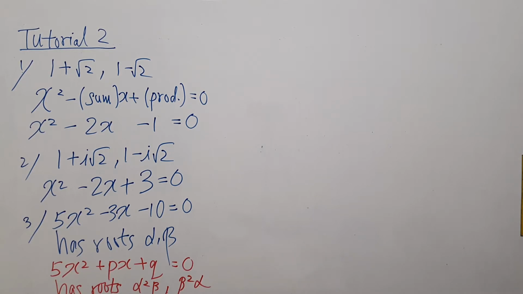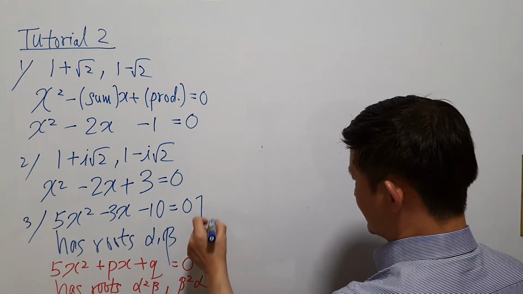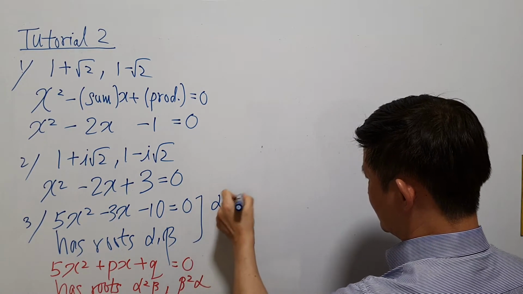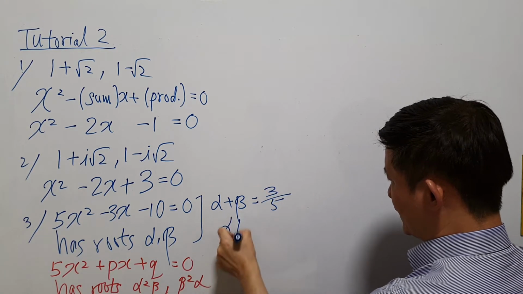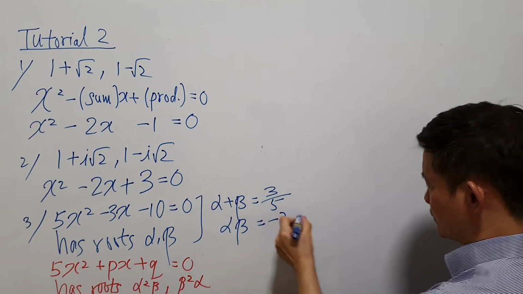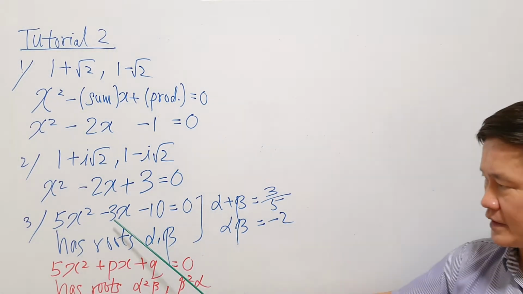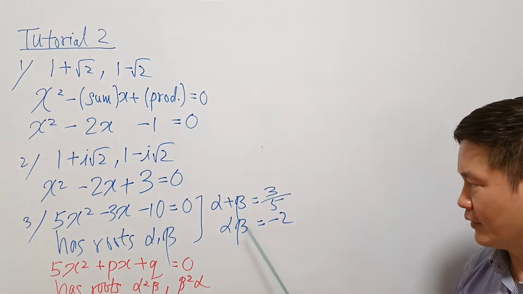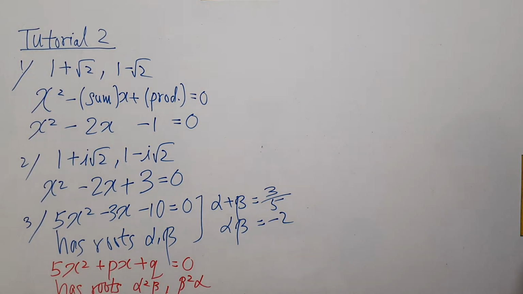So how do you do it? From the first equation, obviously alpha plus beta is equal to 3 over 5, and alpha beta is equal to minus 2. Let me tell you how I get this again. The sum of the roots is minus b over a. The product of the roots is c over a. Then for the other equation, you do the same thing.